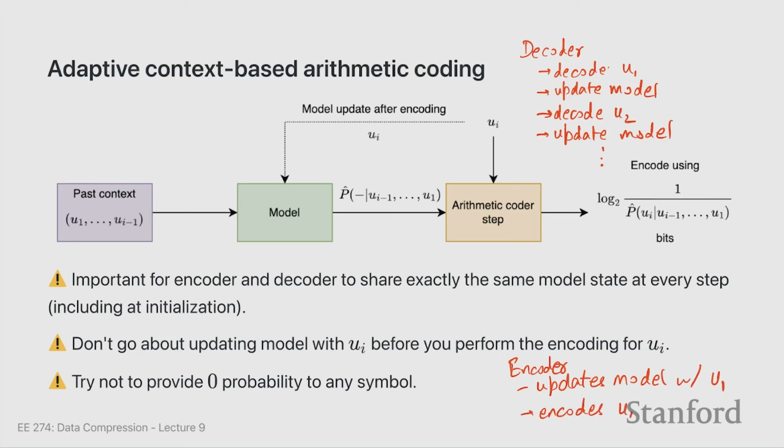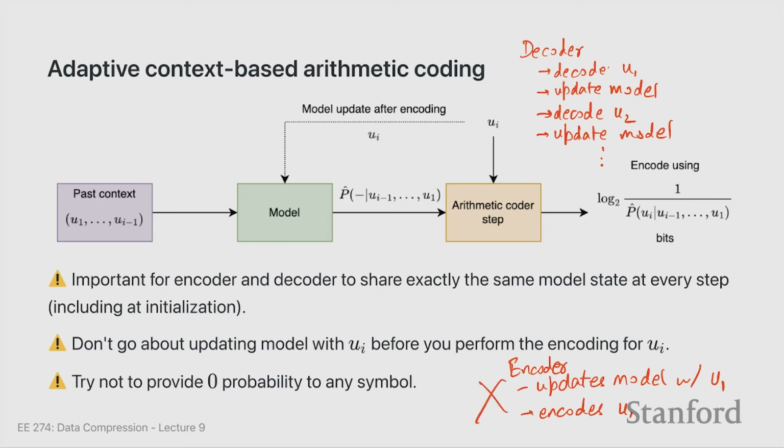What will happen now? Can the decoder still work? I hear no, clearly, because the decoder doesn't have U1. The encoder has the entire thing, the encoder can do whatever, but the decoder can't start. So this is wrong, bad.